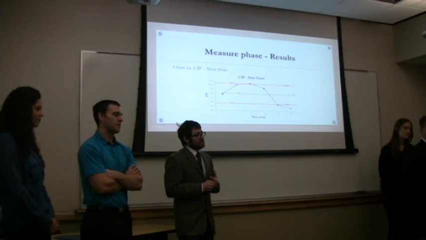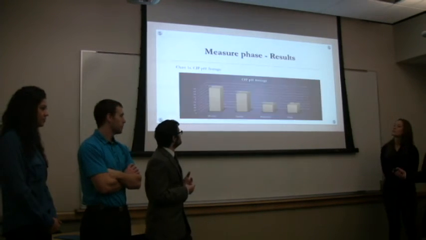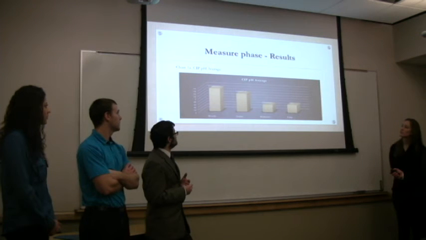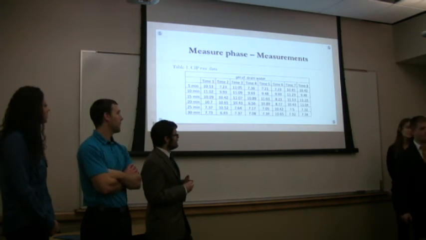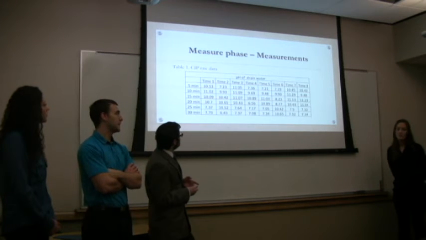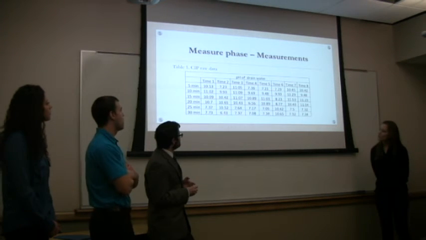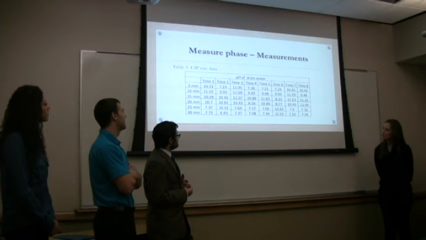If you go back to your first data chart, the table. There was x6. The pH starts low and goes up. What's happening there?